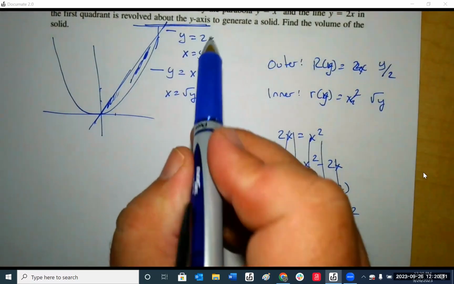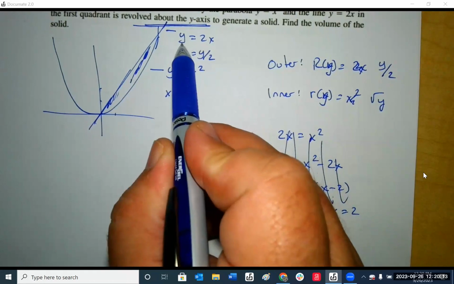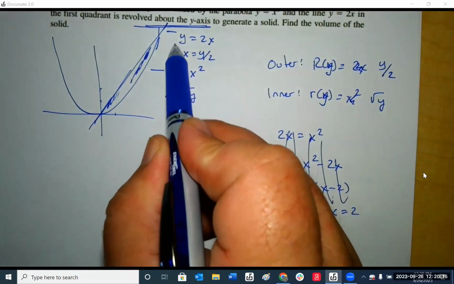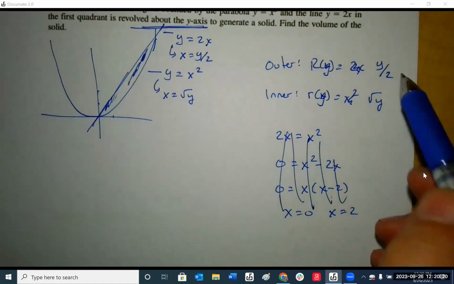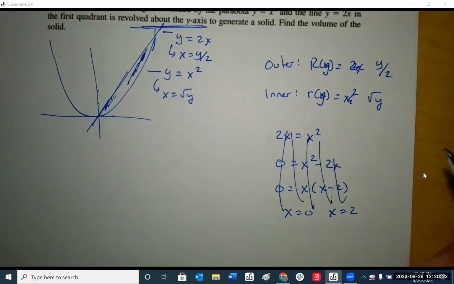Since we're rotating about the y-axis, we're given the functions with respect to x, we have to solve for y. Solve for x, I mean. So those are our equations.